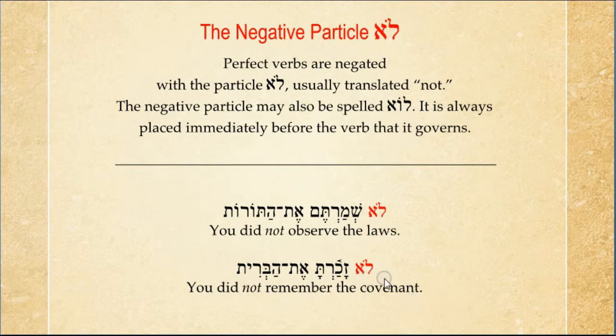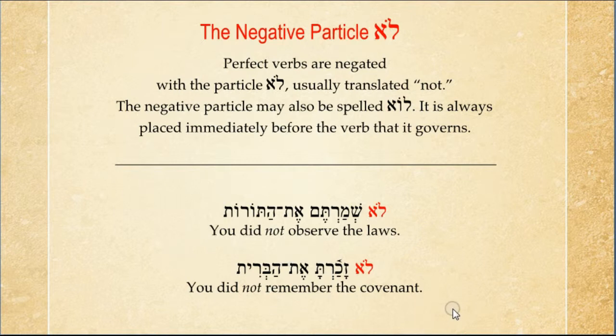Let's see. Look at the next sentence. Lo zacharta et habirit. You did not remember the covenant. Once again, in Hebrew, it says not you remembered. You. This is masculine singular. You. Et habirit. The covenant. But still, not you remembered the covenant. That's very different from the way English works.